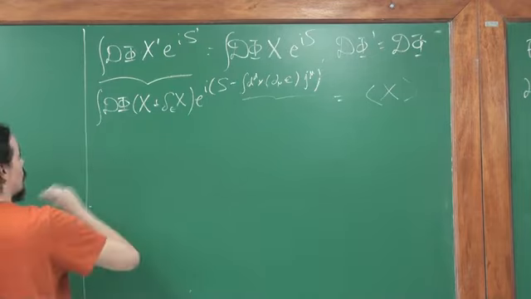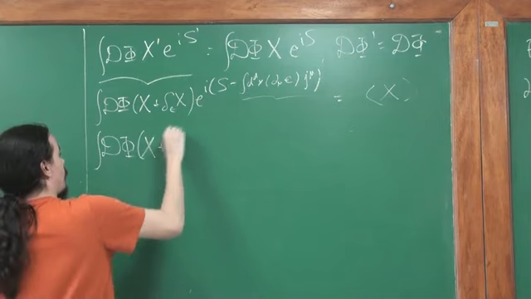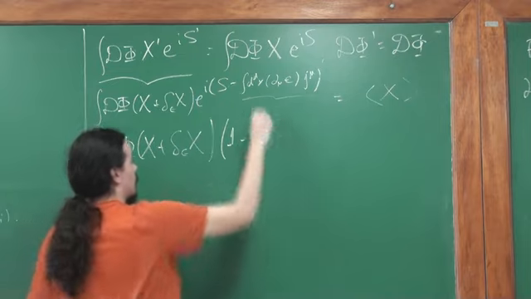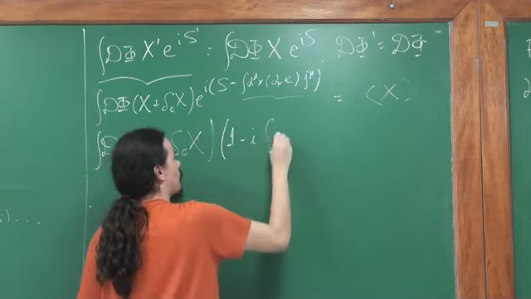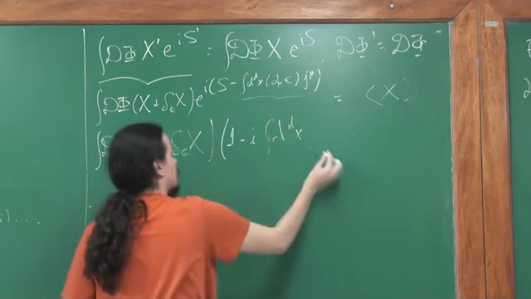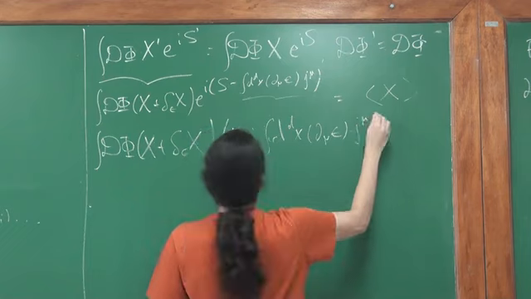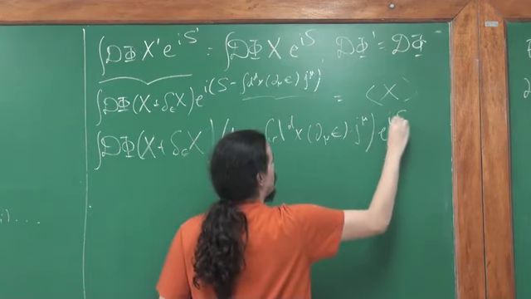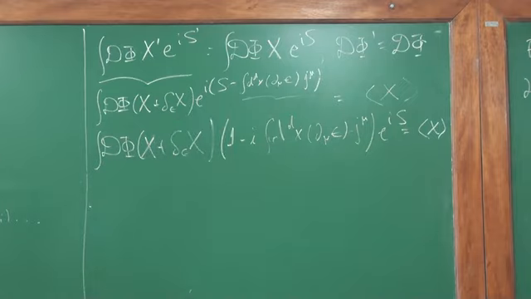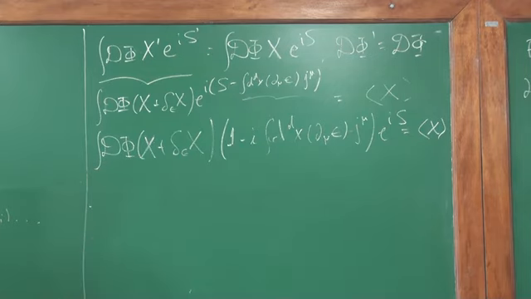So when I do this, I have 1 minus i times that, into the rest. And now I just compute this.